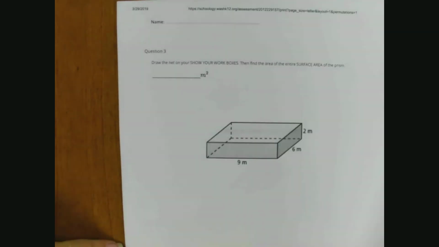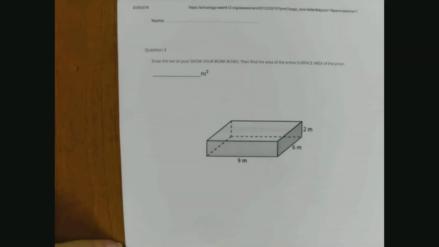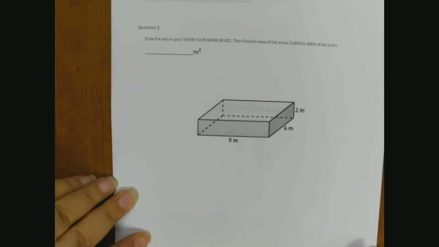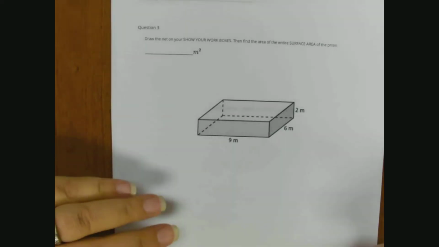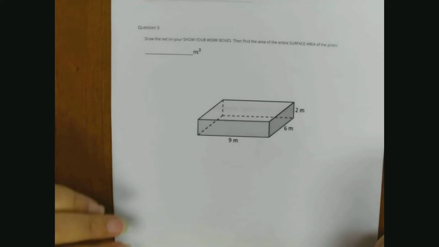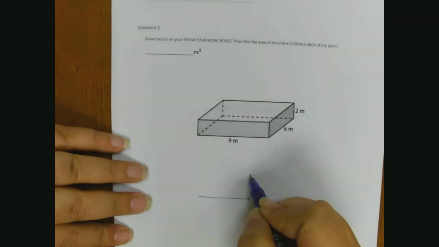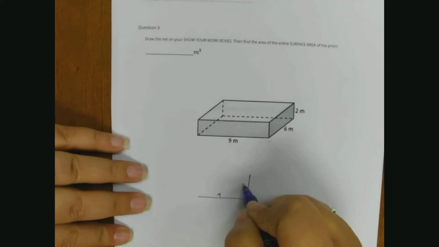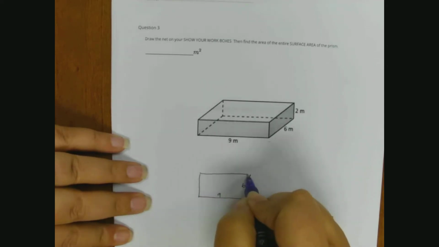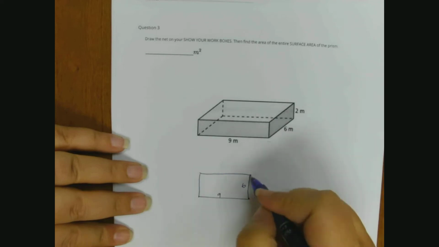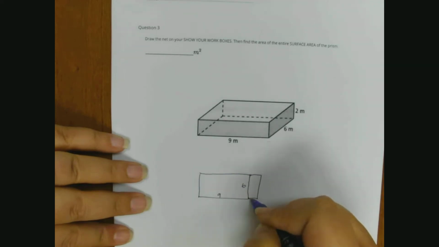Okay, moving on. Question number 3 is the same as the last one. So we're going to draw the net, and then we are going to find the entire surface area. So my base is 9 by 6. I have a skinny rectangle next to that is 6 by 2.